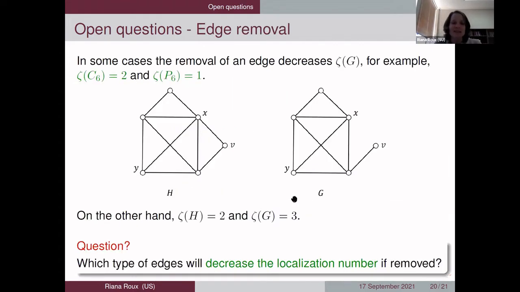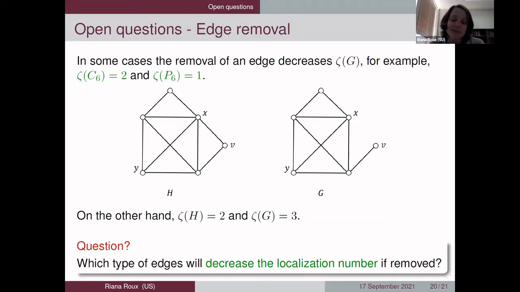The final thing that I want to chat about is edge removal. So this is about what happens to the parameter if we change the graph. So if we think about a 6 cycle, I'm going to leave you to convince yourself that we can't find a robber on a 6 cycle with a single cop.